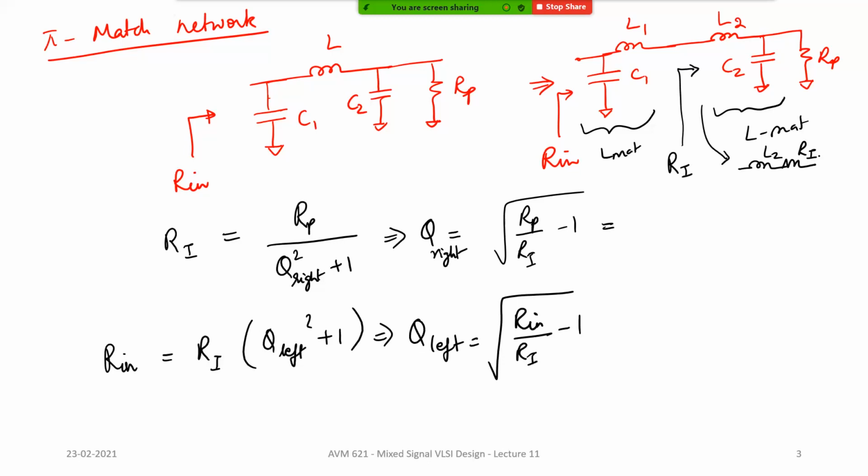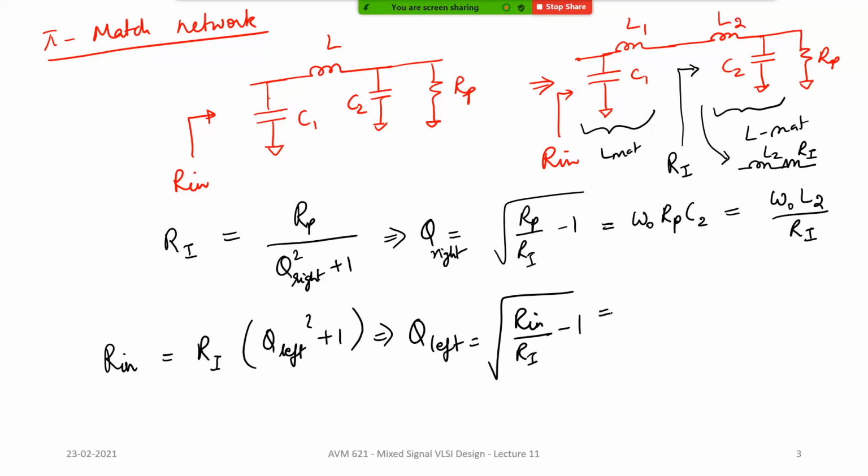So Q right can be expressed as omega naught Rp C2, and this is also equal to omega naught L2 divided by Ri. It is a series RL network with the expression omega naught L by R, and the resistance L2 sees in series with it is basically Ri. So these are the two expressions.